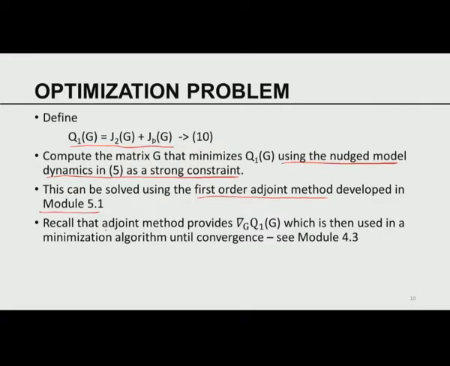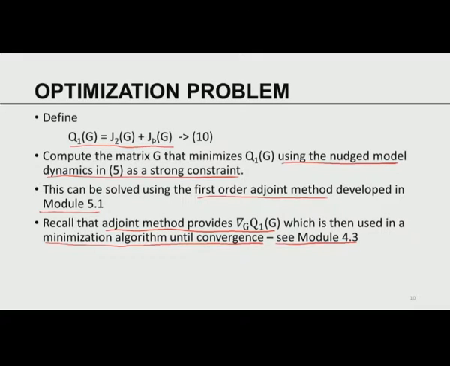Recall that the adjoint method gives rise to the gradient, which is then used in some minimization algorithm until convergence, and we have already talked about minimization algorithms in module 4.3. So because we have done a lot of things relating to adjoint methods and optimization methods, our discussion becomes simpler because we don't want to repeat the entire derivation.